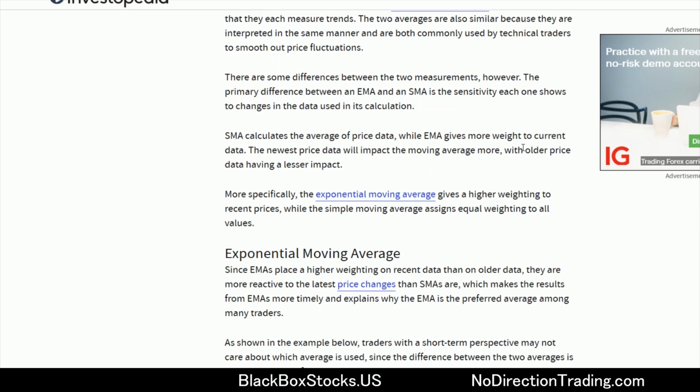The primary difference between an EMA and SMA is the sensitivity of each one that shows to changes in the data used in its calculation. A simple moving average calculates the average of price data, while an EMA gives more weight to current data, right? The newest price data will impact the moving average more, with older price data having lesser impact.